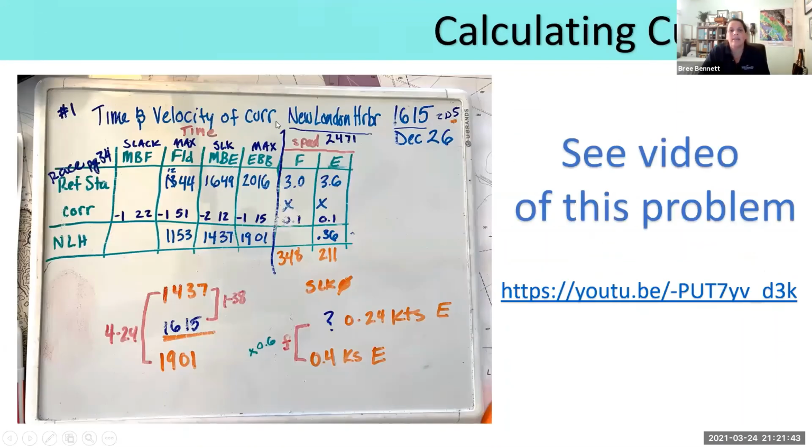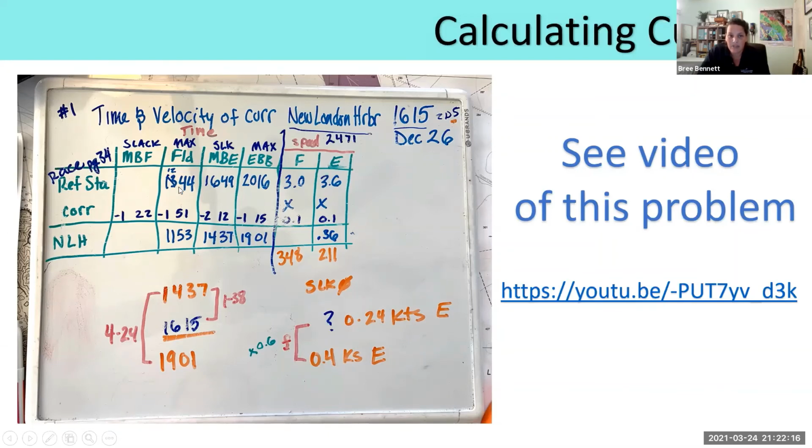Now, this is what my format, or the table that I've been using, ends up looking like. I did this problem, recorded it, and put it on YouTube, so you can click on it and watch me do it. It's the same reference station, with the corrections, or the differences. I used to use the word correction, but it's differences. Then you have your subordinate station and your chronological times.